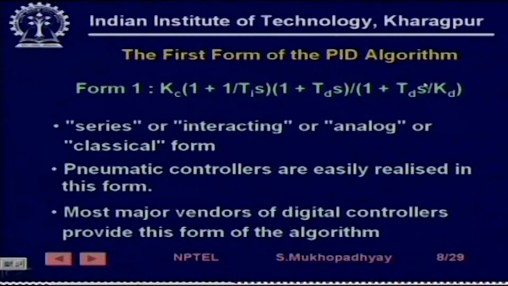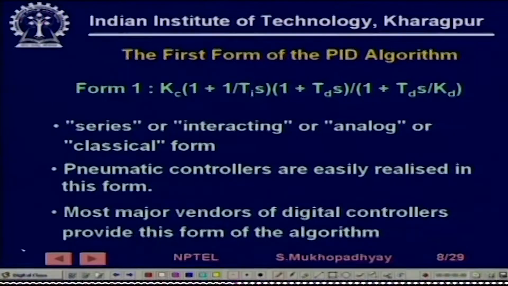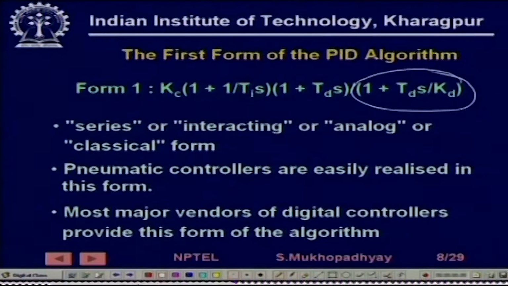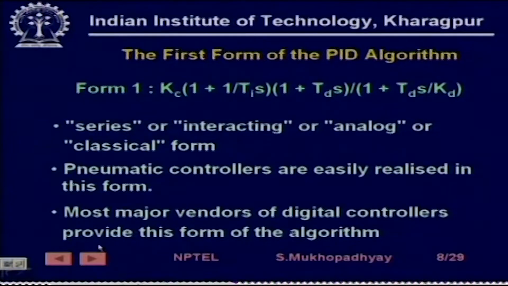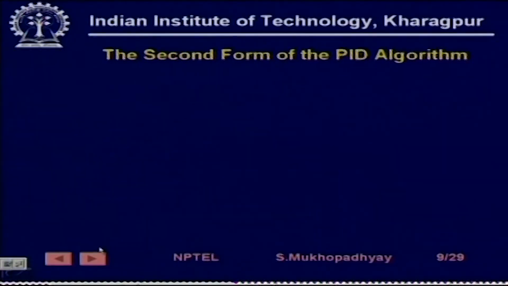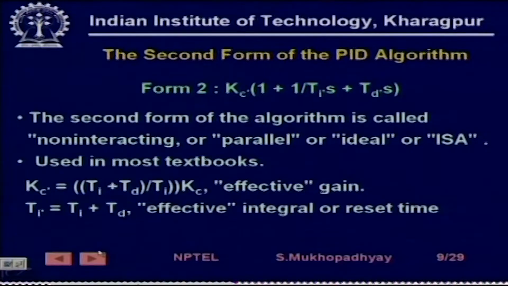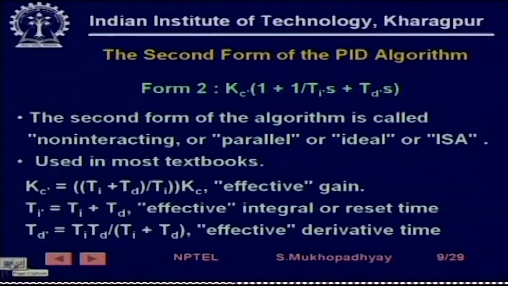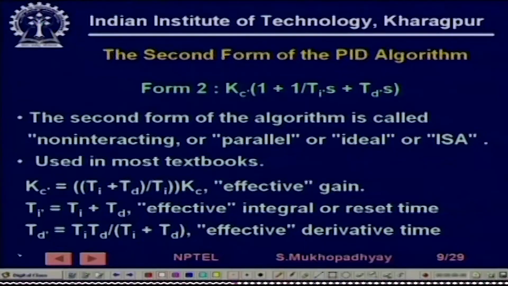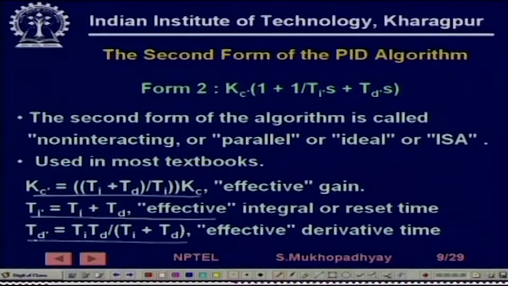This particular factor, if you ignore it, then it turns out that you can match the gains, right. And how do you match the gains? You match the gains with the second form. So, it turns out that you get such formulae that Kc dash turns out to be equal to this, Ti dash turns out to be equal to this, and Td dash turns out to be equal to this.